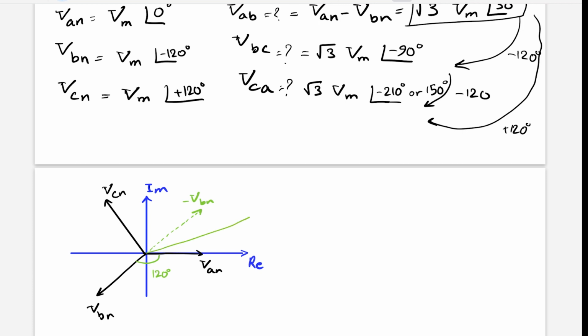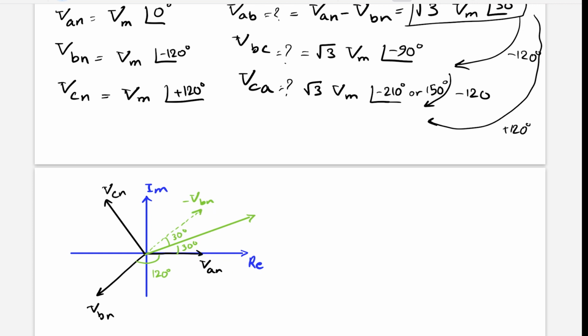VAN will be their summation, and this part is 30 degrees and this part is 30 degrees. So the contribution from minus VBN will be radical 3 over 2, and from VAN again radical 3 over 2.